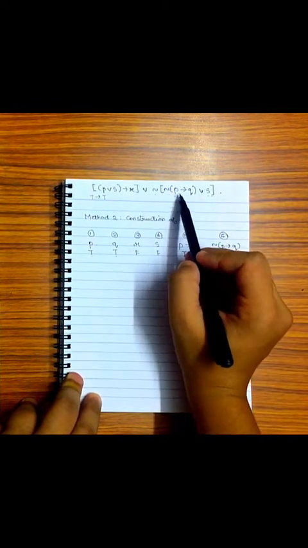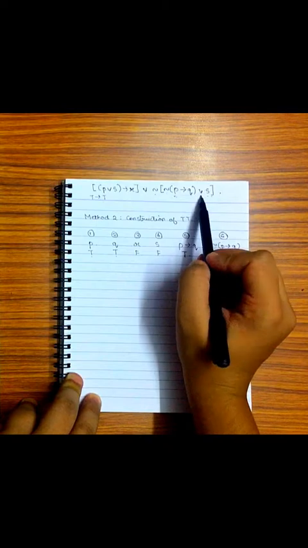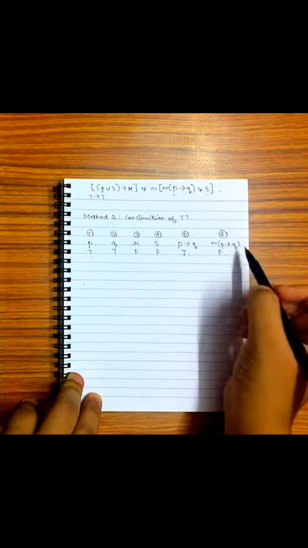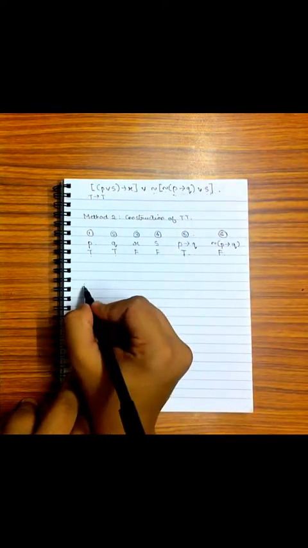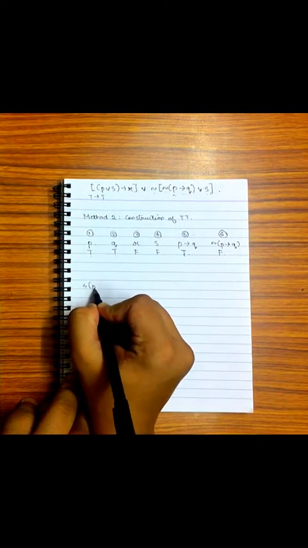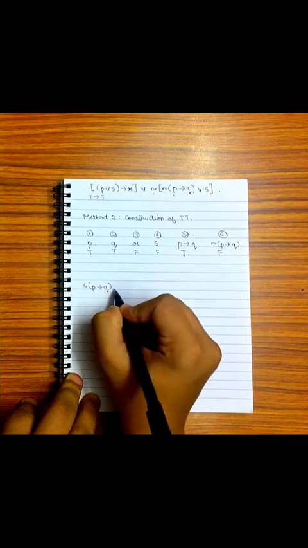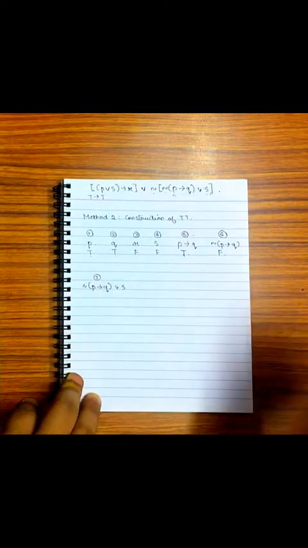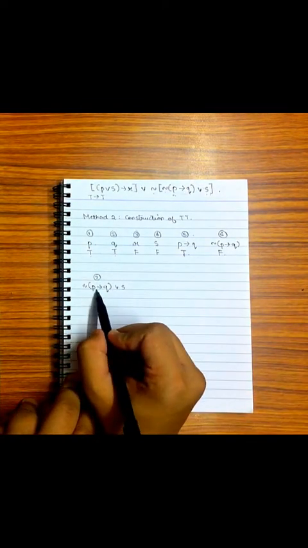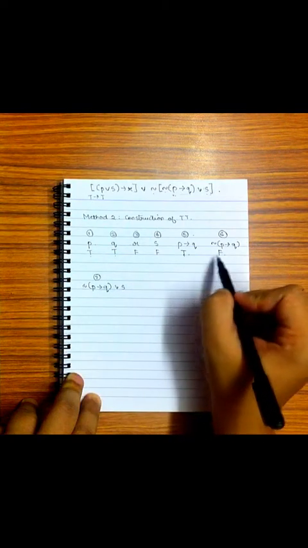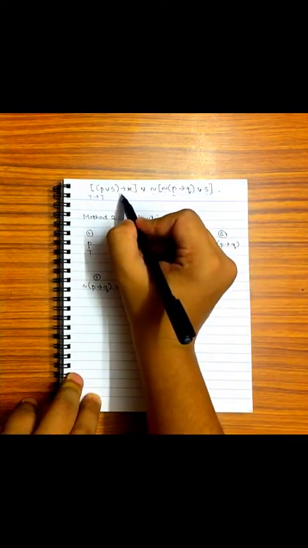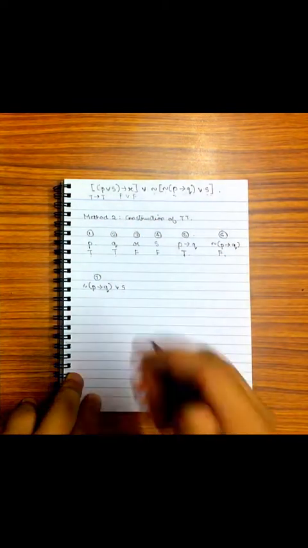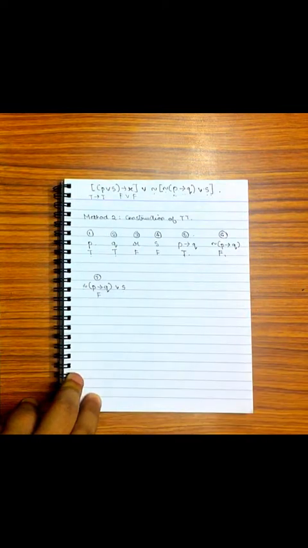Now we want negation of P implies Q, or S. So our next step will be or S. This is column number 7. You have the value of negation of P implies Q, which is F. So now F or F. What is F or F? It is F.